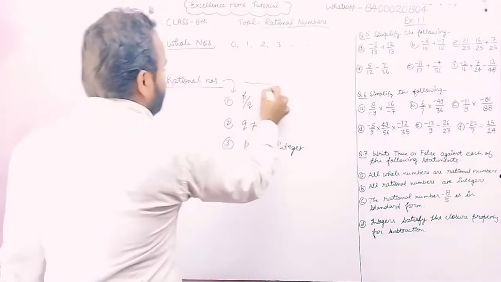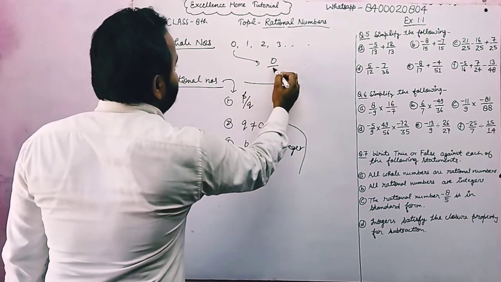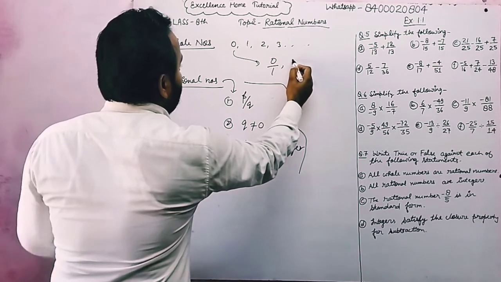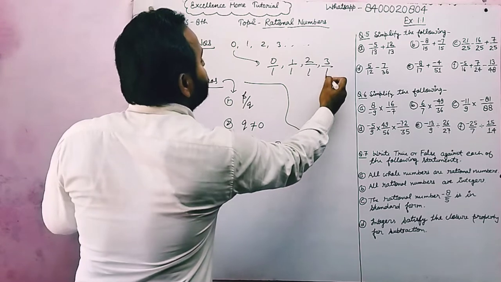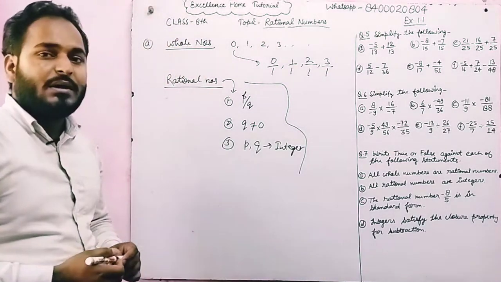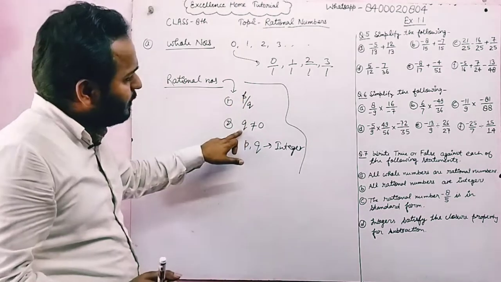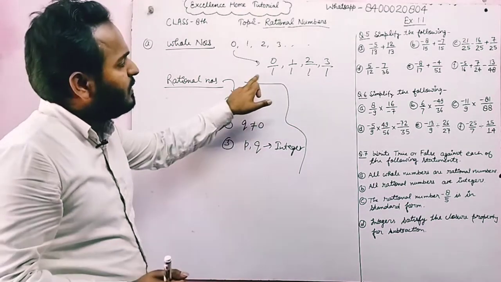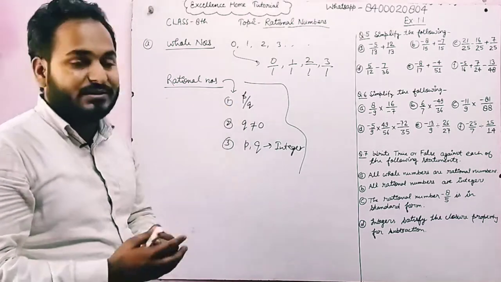So we observe that 0 is written in the form of 0 by 1, 1 is written as 1 by 1, 2 by 1, 3 by 1. So all whole numbers are written in the form of P by Q, and Q is not equal to 0, denominators are not 0, and P and Q are integers.